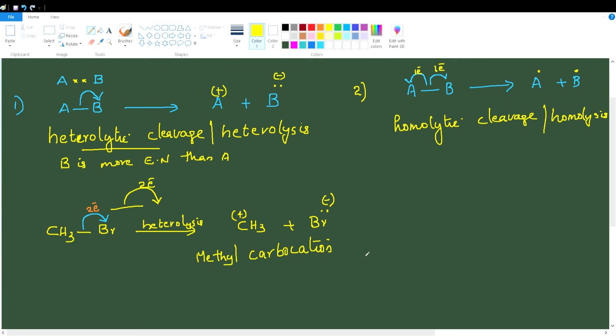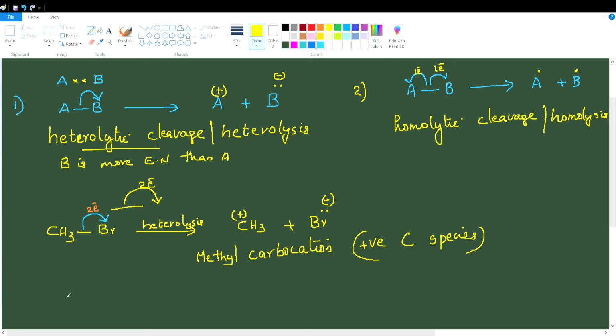Carbocations are positive carbon species. This is methyl carbocation. Earlier these carbocations were named carbonium ions. So, carbocation or carbonium ion.